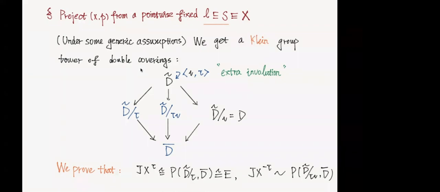This is quite similar to what I think Mumford did for hyperelliptic Pryms. But anyway, by studying this tower carefully, we prove that the invariant part is essentially the elliptic curve, and the anti-invariant part is isogenous to some Prym.